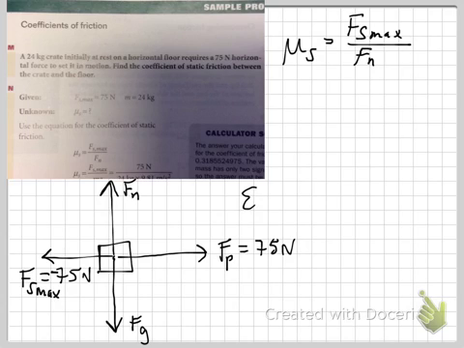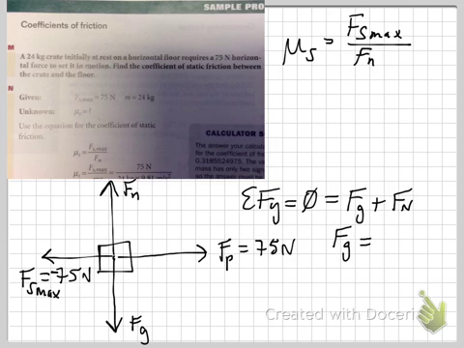So if we look at a sum of forces on our y-axis, we know it's 0, and we know it's equal to Fg plus Fn, so we know that Fg equals negative Fn. Or it's probably easier to say negative Fg equals Fn.